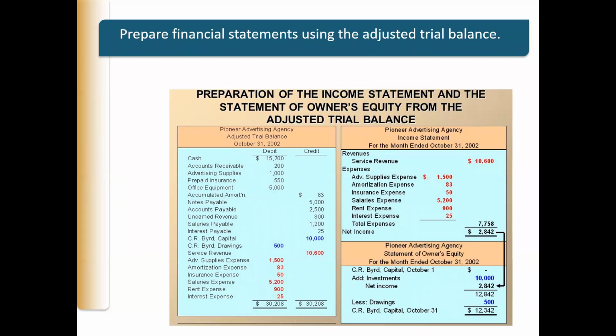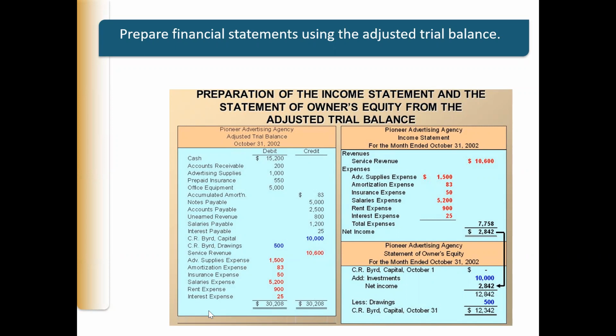So we are going to prepare, from the adjusted trial balance, the income statement first. Do you see how the items down here are what we use to create the income statement?